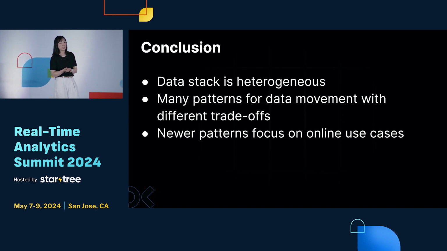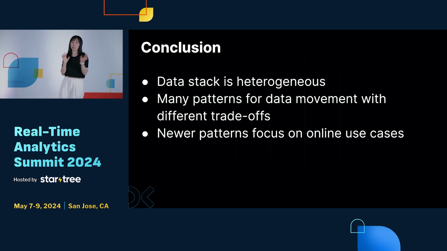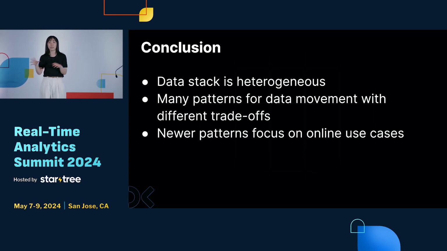And for all of the data movement technologies or patterns we talked about, they have their different trade-offs. Whether that's easier to use at the cost of not being able to do transformation, or it's super fast, but it's very hard to operationalize. There's always a trade-off. And of course, the newer patterns always focus on online use cases.